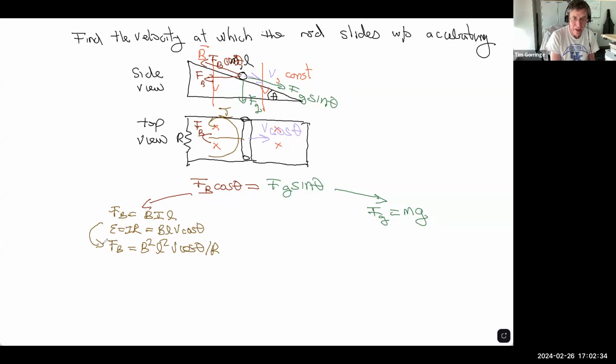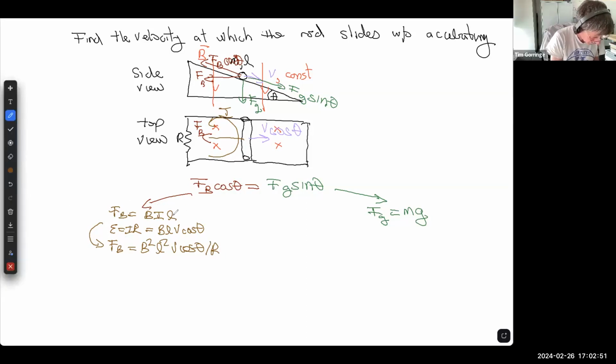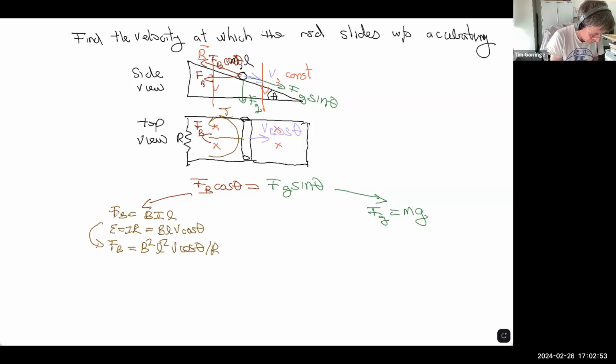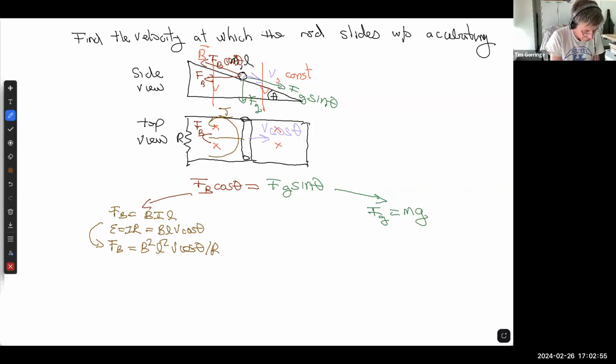It tells us the magnetic force in terms of the magnetic field, the length of the rod, the velocity of the moving rod, and the resistance of the resistor in the circuit. So the starting point that I used was this first equation. This is a rod carrying a current in a magnetic field. There'll be a magnetic force on the rod carrying the current in the magnetic field.